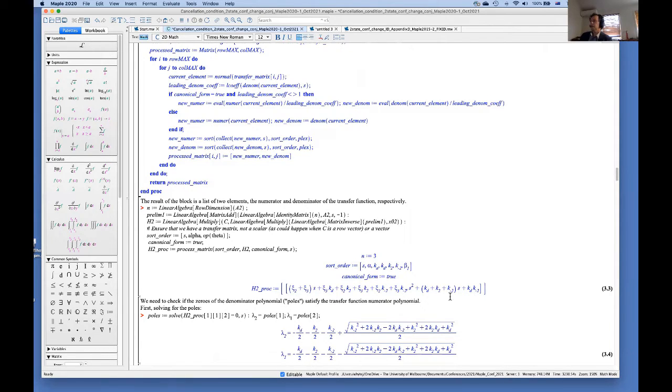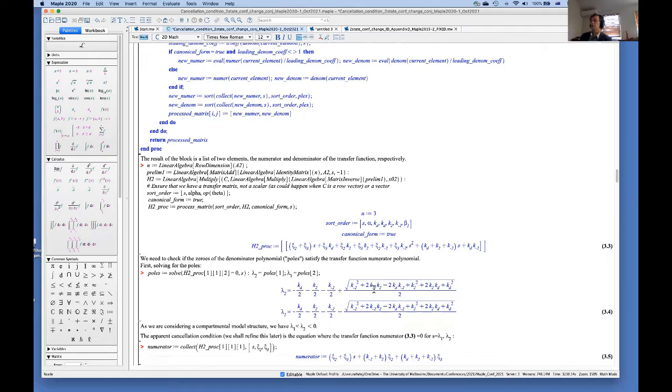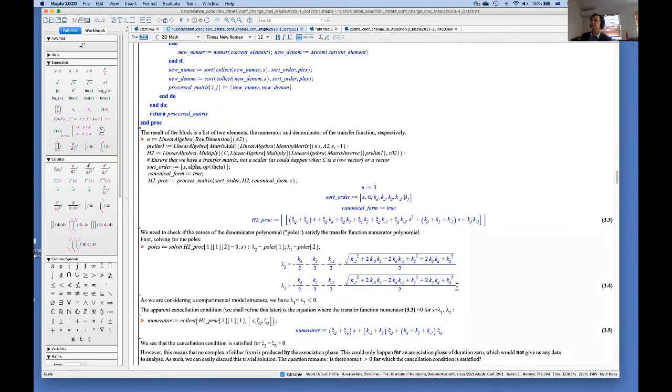The complexity here, we can see, is because of these xi2 and xi3. The poles we're going to consider, the zeros of the denominator, are here, and we would go through this process of checking for pole zero cancellation for each of the poles in turn.